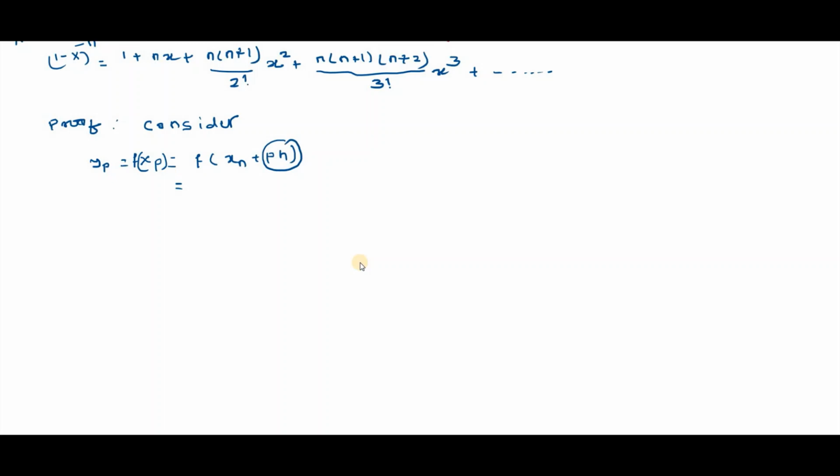To eliminate this ph, by using the shifting operator, we can write it as E raised to p, f of xn. Now this E raised to p we can also write as E raised to minus 1 whole raised to minus p. So here I will write E raised to minus 1 whole raised to minus p f of xn, and f of xn is nothing but yn.